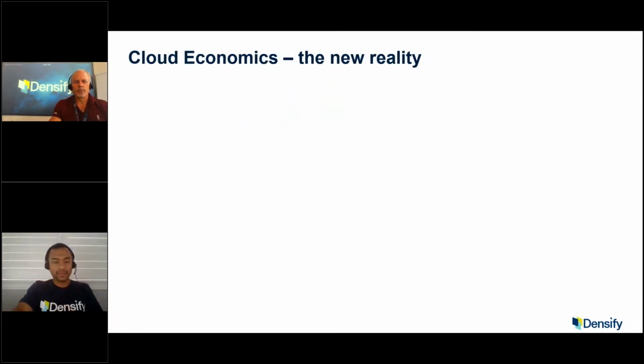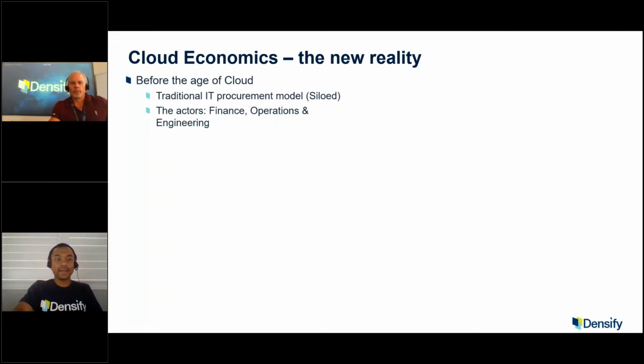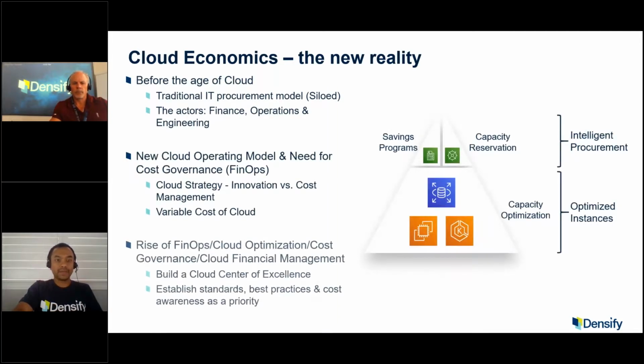Moving forward, and I'm also being aware of the time, I'm sorry, I'm a little bit close to the edge here, but here's the reality of FinOps and the cloud economics that's going on. In the old age of the data centers, all the infrastructure procurement was siloed.